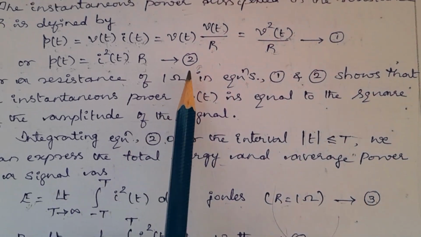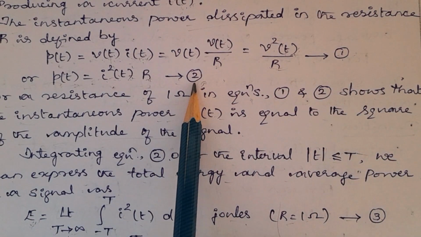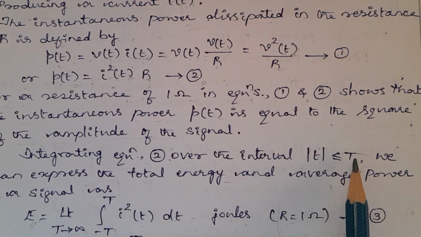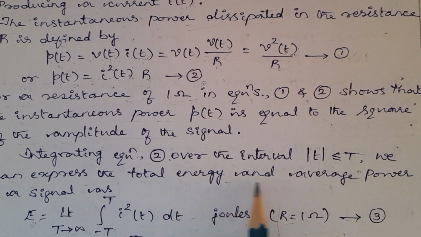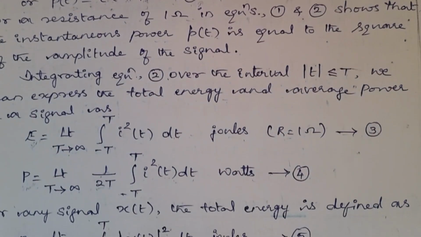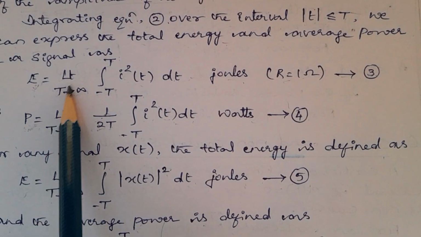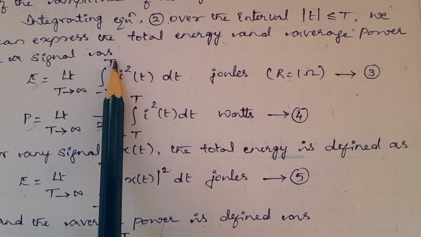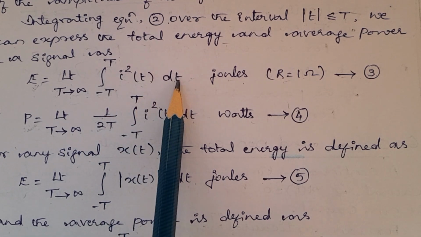Next, integrating equation number 2 over the interval mod of t less than or equal to capital T, we can express the total energy and average power of a signal as E equal to limit t tends to infinity integral of minus t to t I square of t into dt.